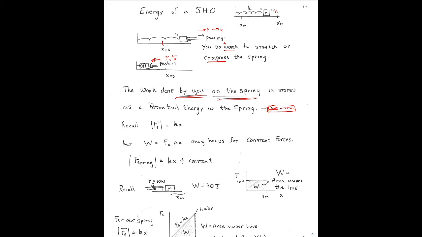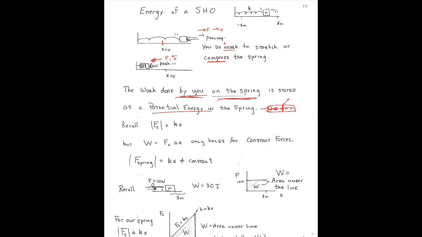So you're doing work, and then this thing clicks and stays in one position, and then you walk away and the spring stays there. So the work done by you to compress the spring is now stored as a potential energy in the spring. How do you get the energy back? You lift this little lever, and then you get it back as kinetic energy.